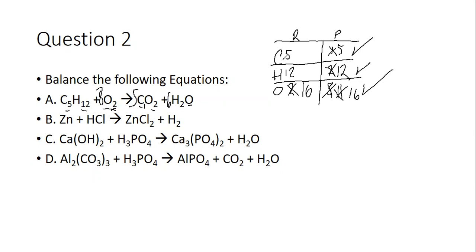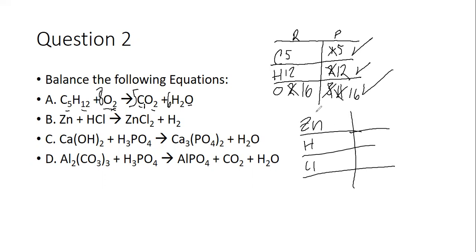Okay, so let's do B really quick. B is probably a little bit easier than A. So zinc and HCl are 2 types of reactants, with 3 types of atoms. Then we have reactant and product.